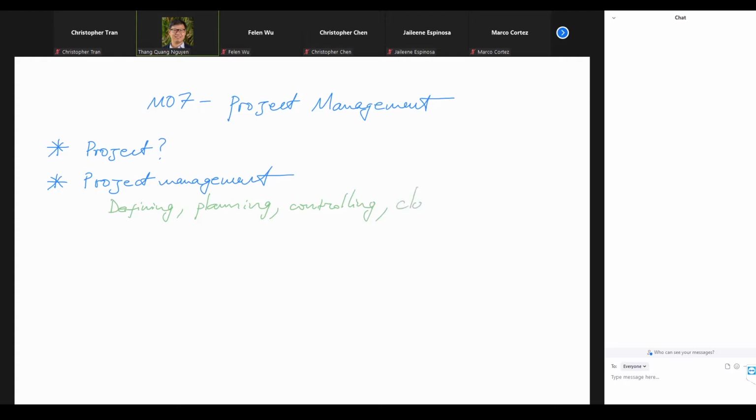So these are the main activities in project management. So next, we learn about the critical path method, or CPM.